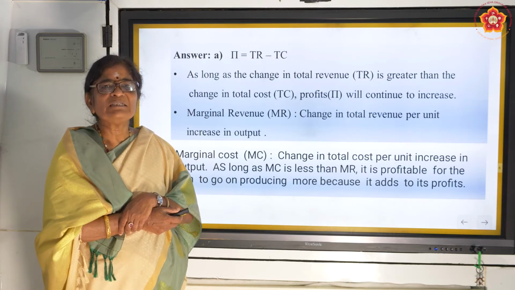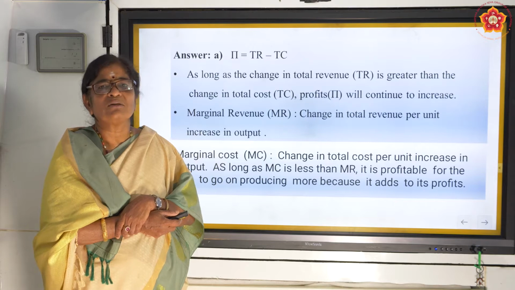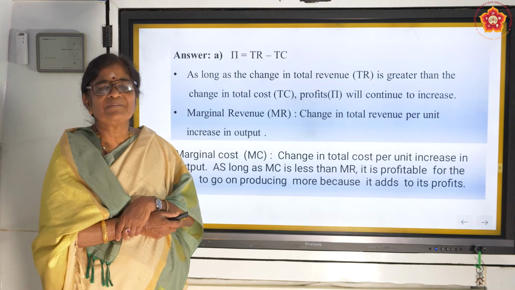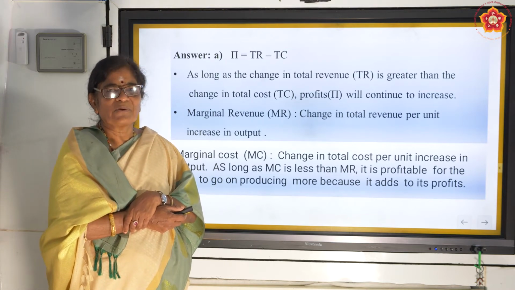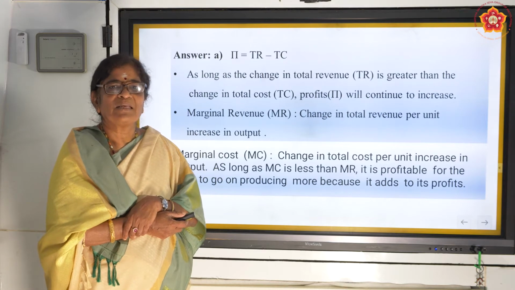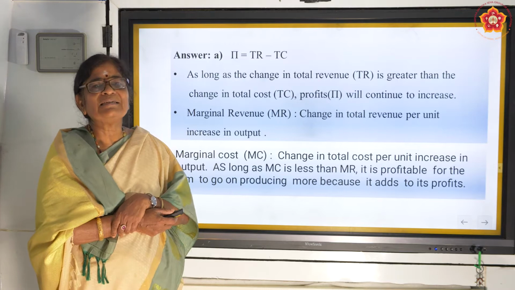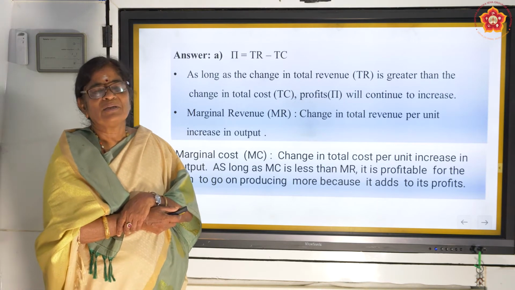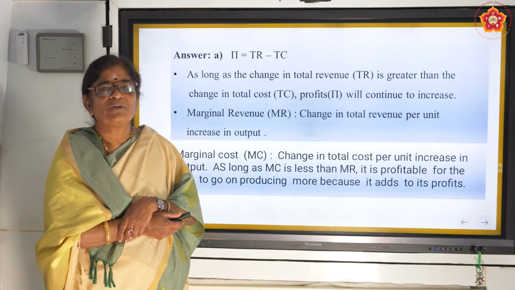Therefore, profit is nothing but the difference between the total revenue and total cost. When you keep the difference between the TR and TC maximum, in other words, you are keeping the profit of the firm maximum. Therefore, as long as the TR is greater than TC, profit will be added to the firm by producing more and more output.